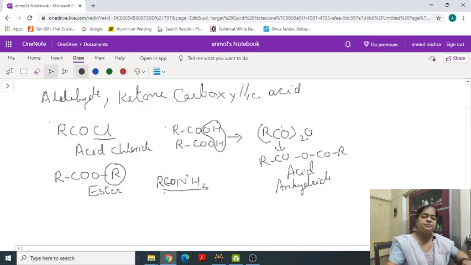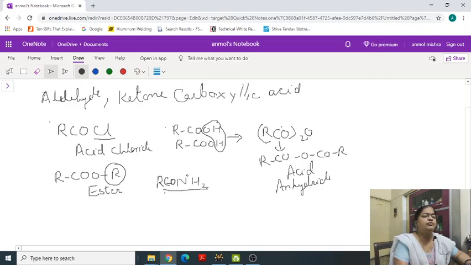Next, aldehyde, ketones and carboxylic acids are widely present in the animal as well as plant kingdom. In class 10th you have studied that when the red ant bites, we feel pain.